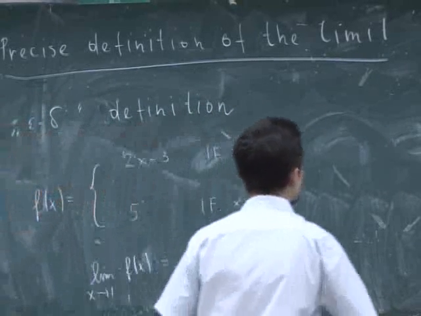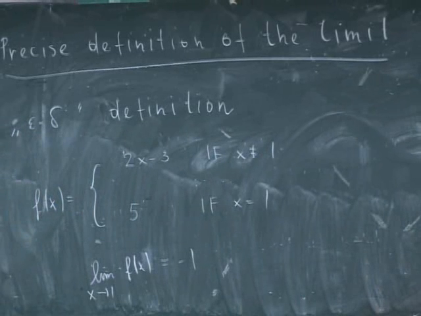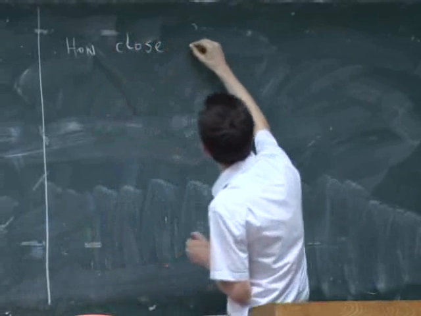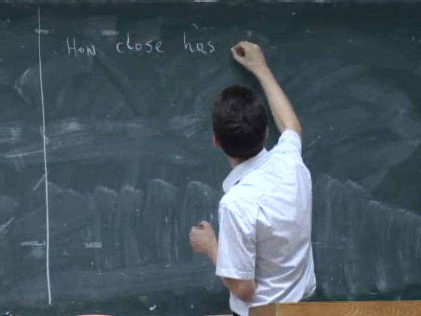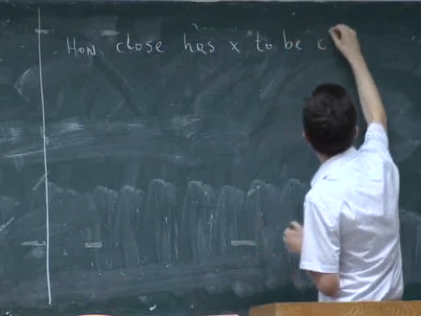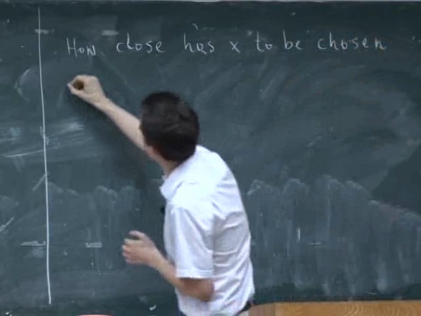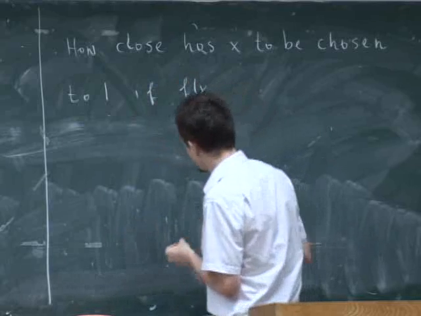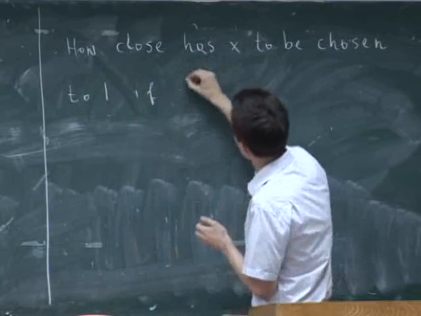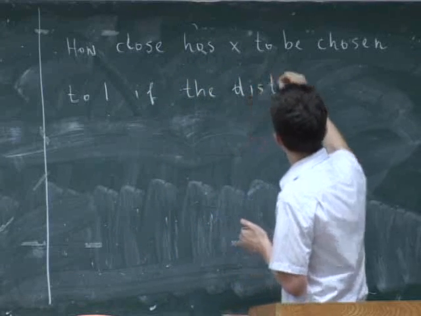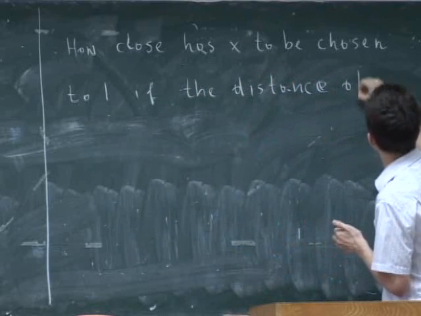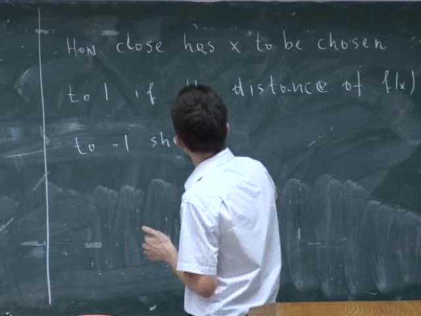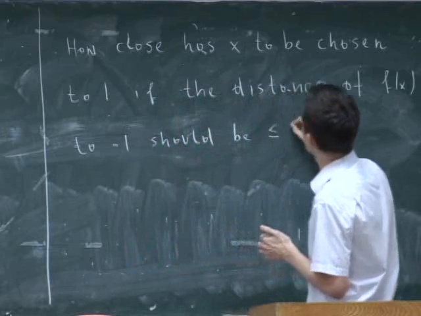Namely, for instance, how close has x to be chosen to 1 if the distance of f of x to minus 1 should be, let's say, smaller or equal than 0.1.